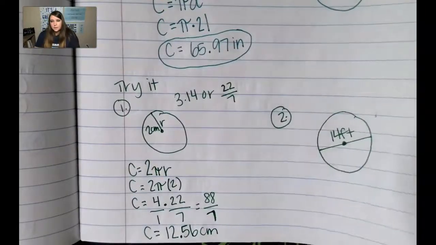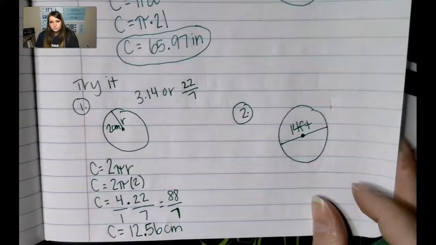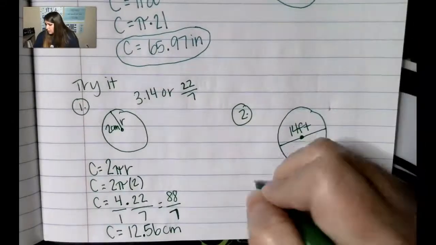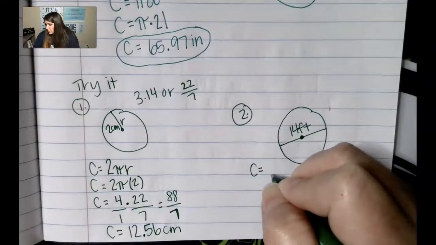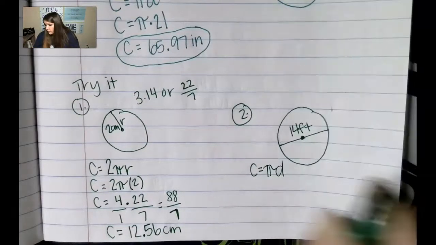All right, next we have 14 feet. So it's 14 feet across. They want to know the circumference. So circumference equals pi times the diameter.